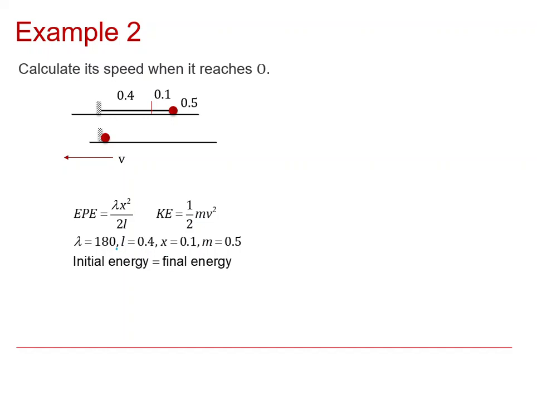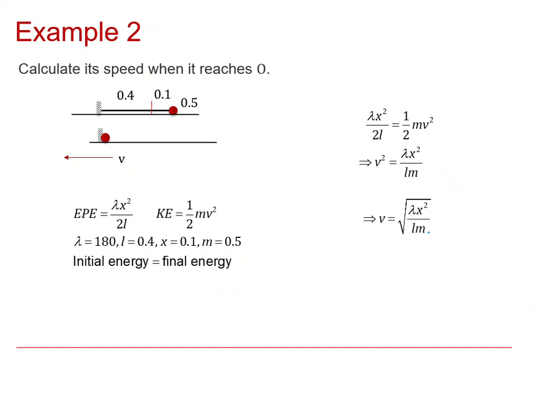Now from the question we got that the modulus of elasticity is 180, the natural length was 0.4 meters, the extension was 0.1, and the mass was 0.5 kilograms. So if we use the initial energy as the final energy, we end up with that equation, which solved first to get v squared, just a rearrangement, and then we need to take a square root.